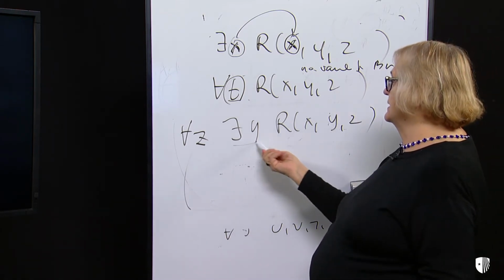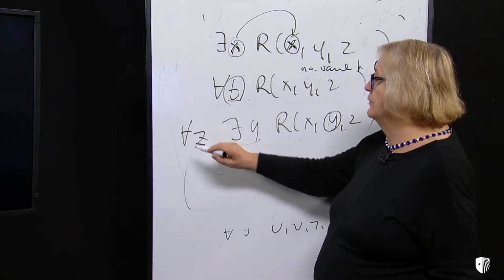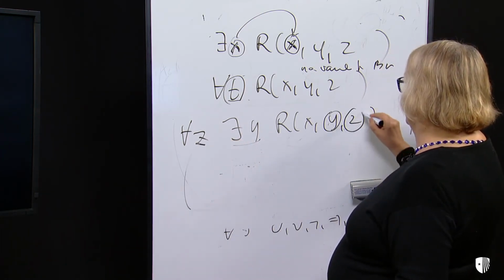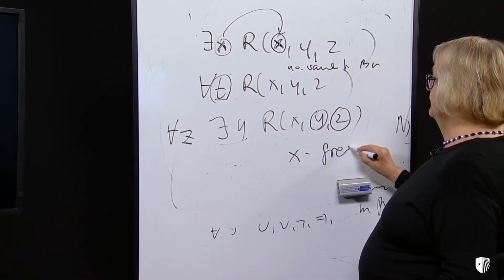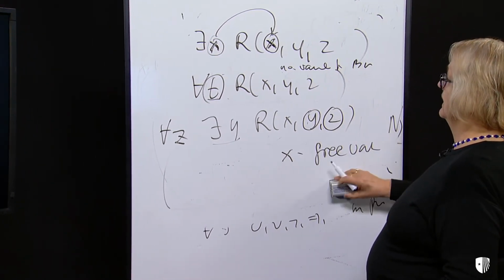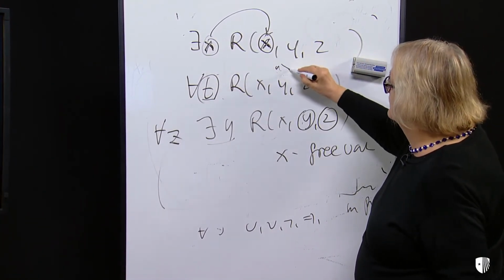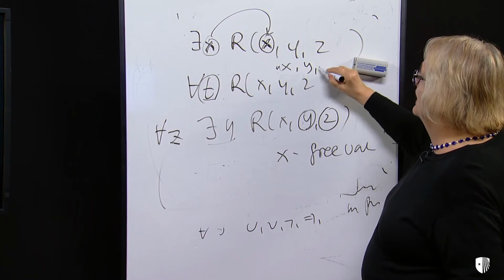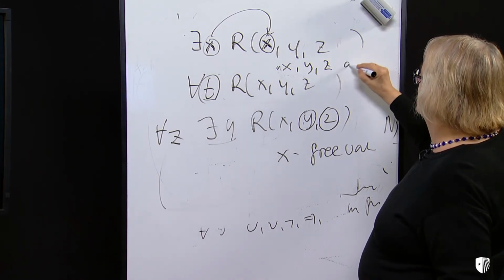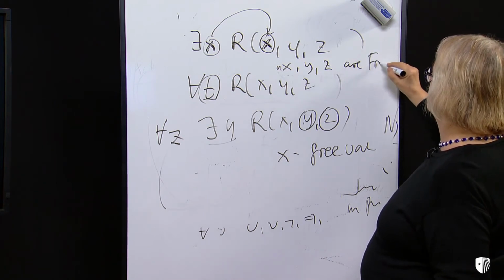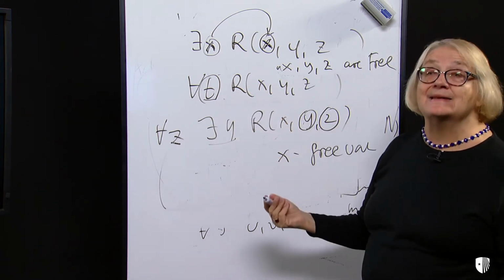I put this quantifier, and it bound this variable, and then I put this quantifier, and it bound that one. And here, if you have a formula with a quantifier, but x, y, z are free, it is because there is no quantifier which would bind them.